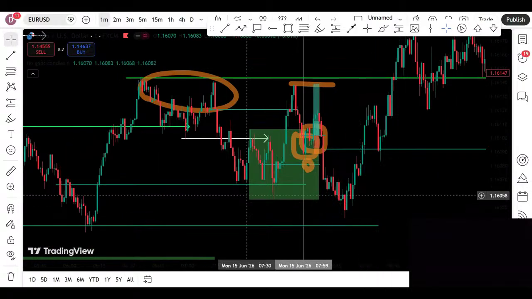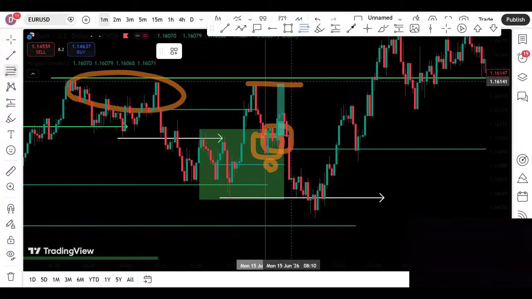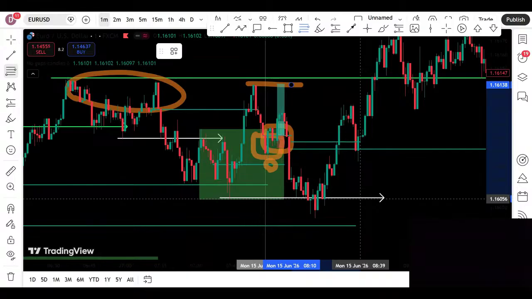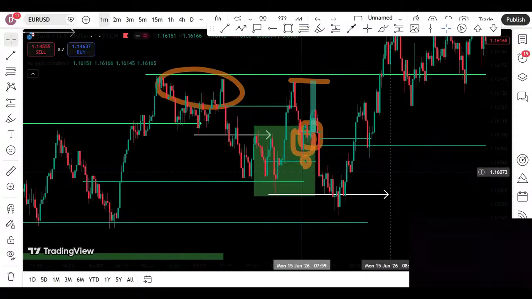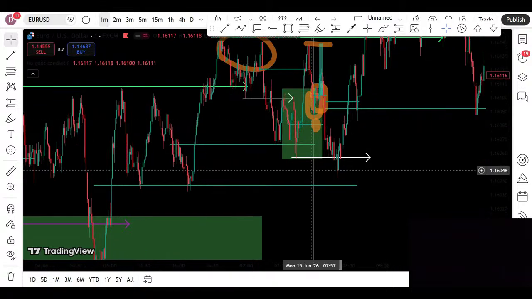See, price went higher. What it did is make another low here. So what do you expect? Expect it to tap back in here.